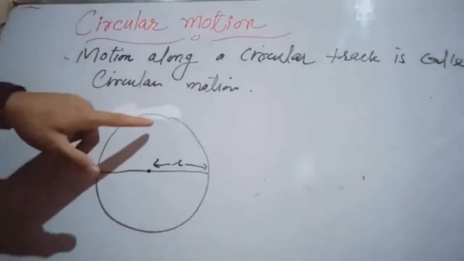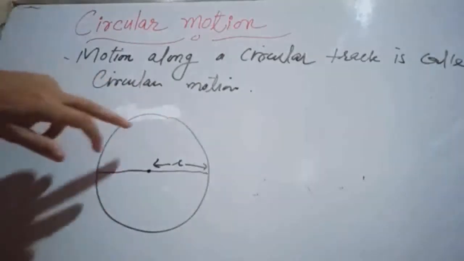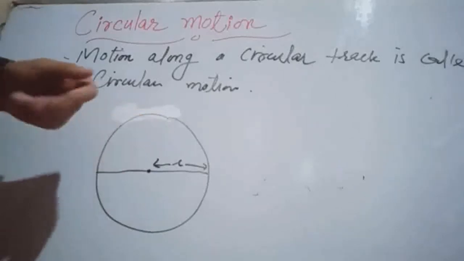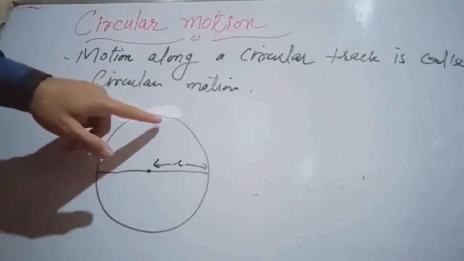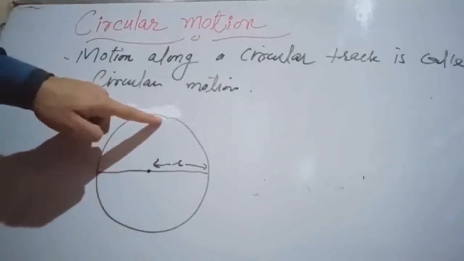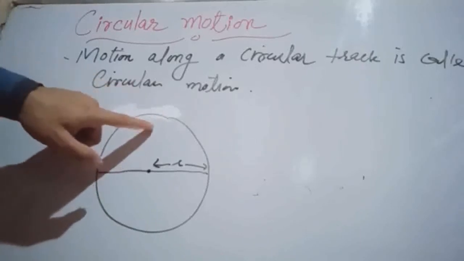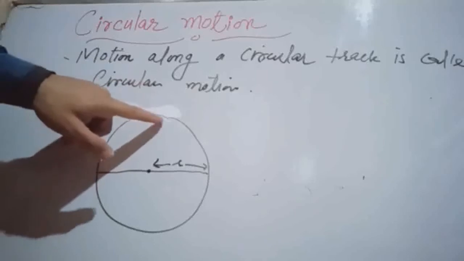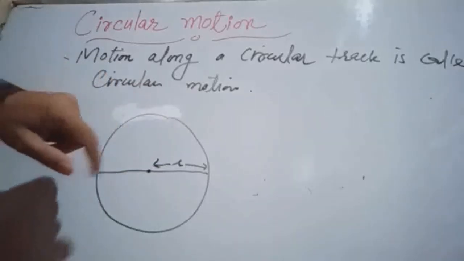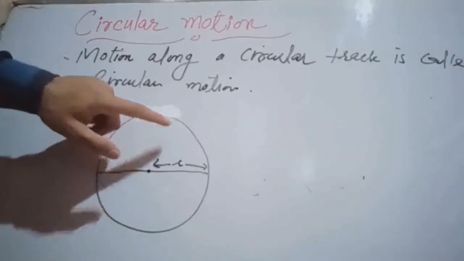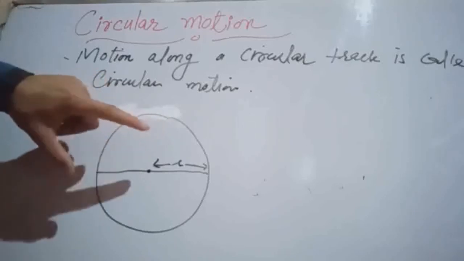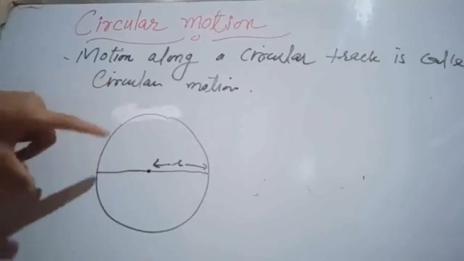So here the body changes its direction every time, so velocity will not be constant. Velocity will be different at every point, and this means that this motion will be accelerated motion.